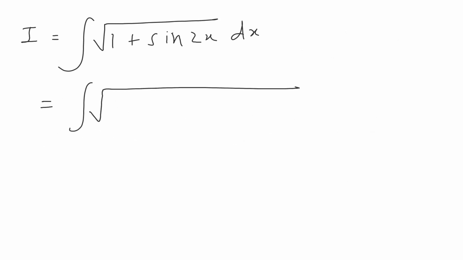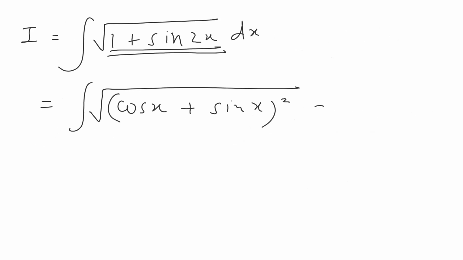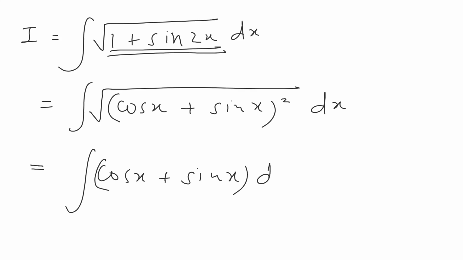Just apply the half angle formula. 1 plus sin 2x is cos x plus sin x the whole square dx. The square and root get cancelled. So we are left with cos x plus sin x dx.